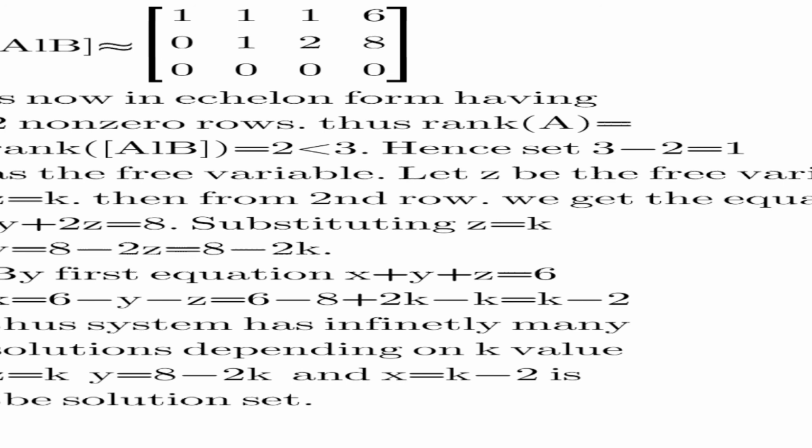So this is equal to k minus 2. So x value is k minus 2, y value is 8 minus 2k, and z is equal to k. So with these values it forms a solution set for the given system of equations.